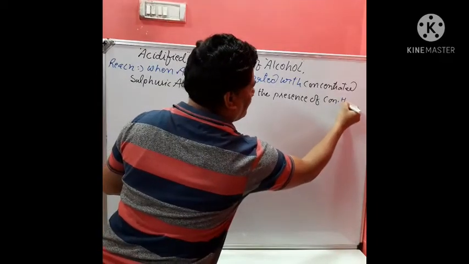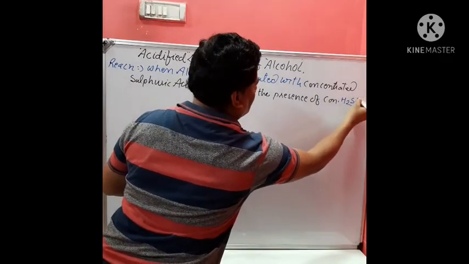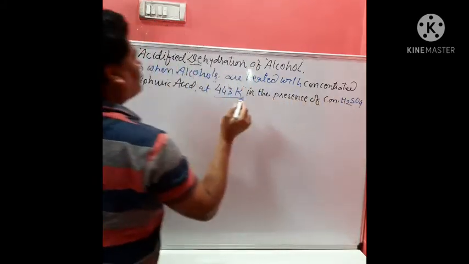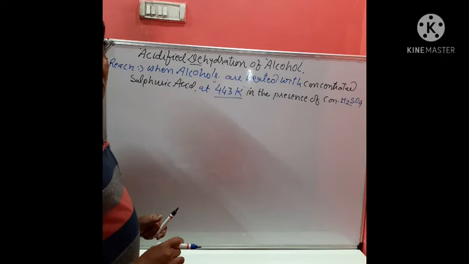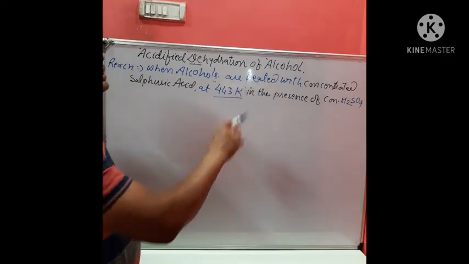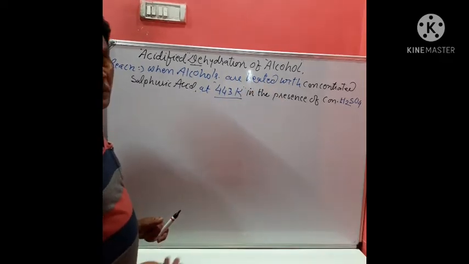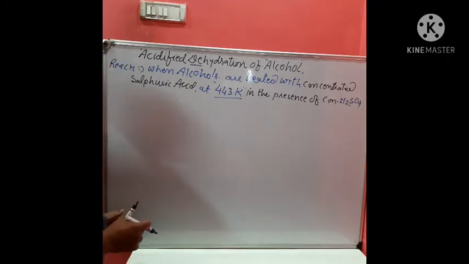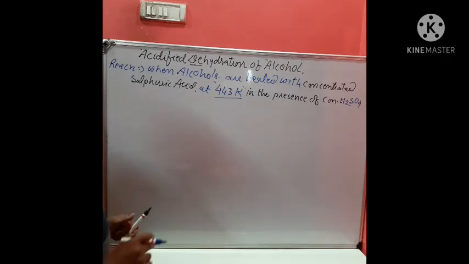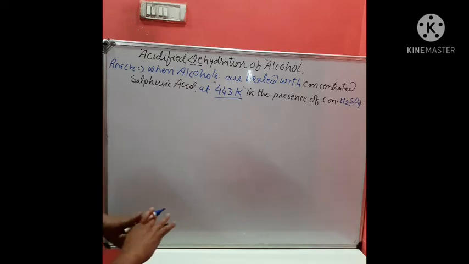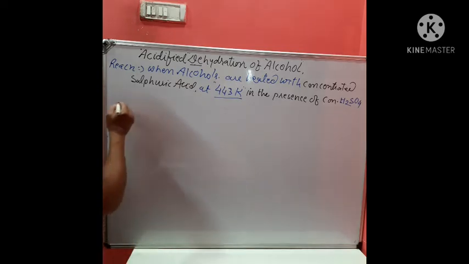This must be concentrated H2SO4, because dehydration means removal of water, so we use concentrated H2SO4, because you know that sulfuric acid is used as a dehydrating agent. So the dehydrating agent H2SO4 is used here.